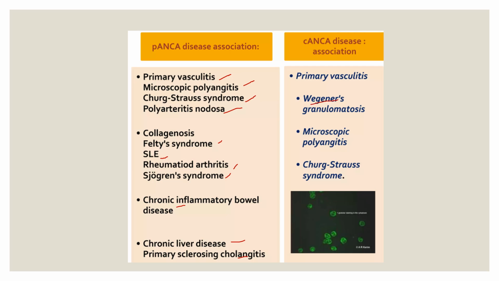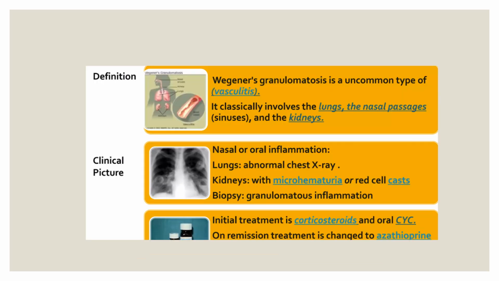Wegener's granulomatosis, which is granulomatosis with polyangiitis, and microscopic polyangiitis. Sjogren's also can sometimes be associated with c-ANCA. So we'll see the main things which we must know the difference between.